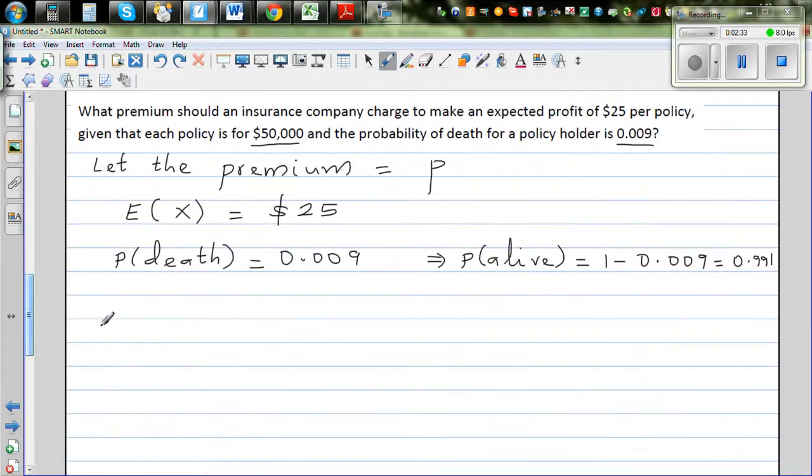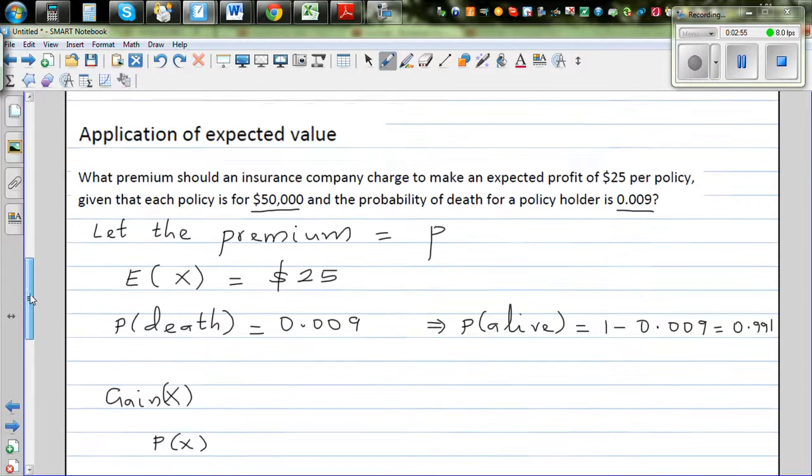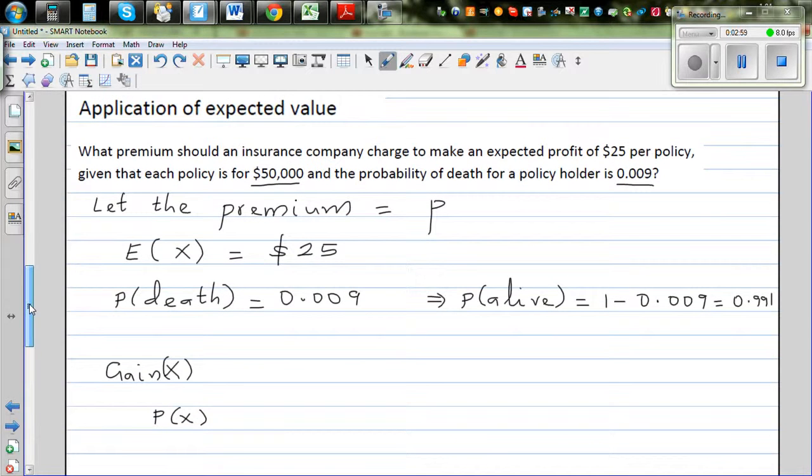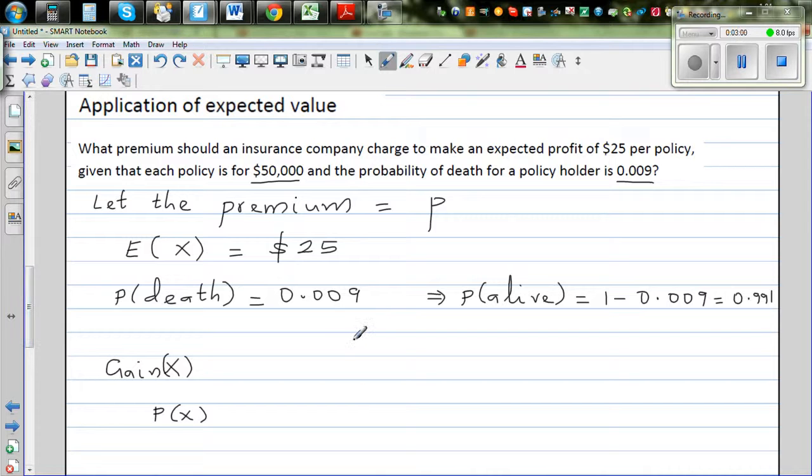So let's talk about the two scenarios. Let us make up a table: this is your random variable X, and this is the probability of the random variable. X stands for the gain; we are interested in gain. There are two scenarios for the insurance company: the policyholder is alive, or the policyholder dies.